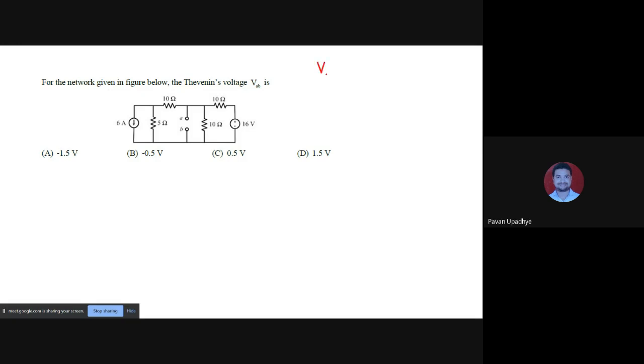So VTH, Thevenin's voltage, is always the open circuit voltage across some terminals of the load branch, and those terminals are usually A and B. So here again, A and B are shown over here, across which we are supposed to find out the voltage, and they have already named it as Thevenin's voltage.